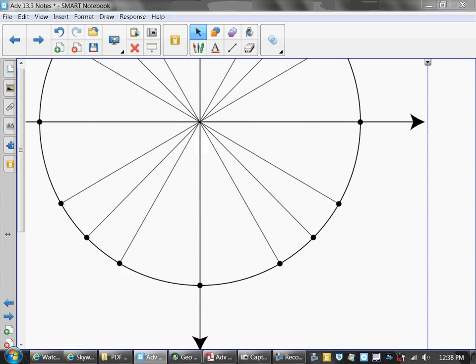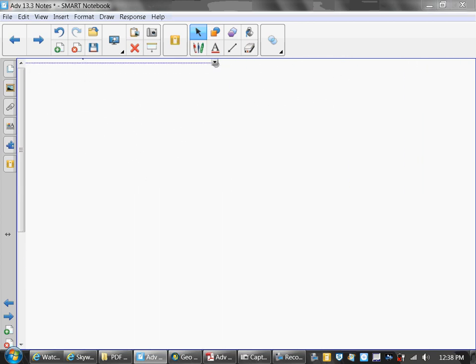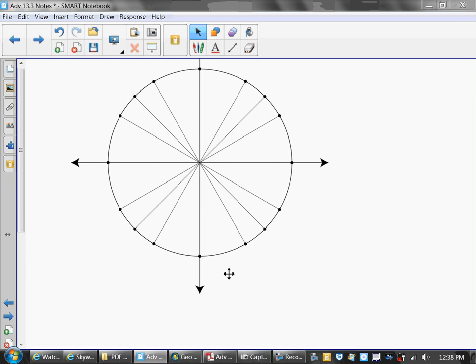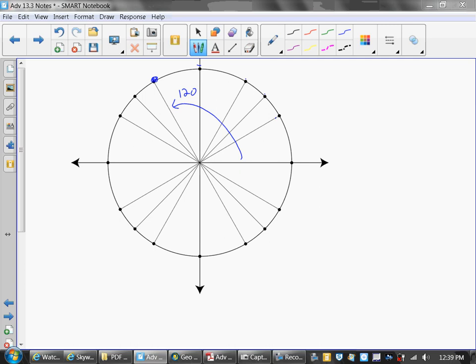If we look at the unit circle, just briefly, remember how we started this out? 30 degrees, 45, 60, 90, 120. If I'm at 120 degrees, look at the angle that shares the same y value.